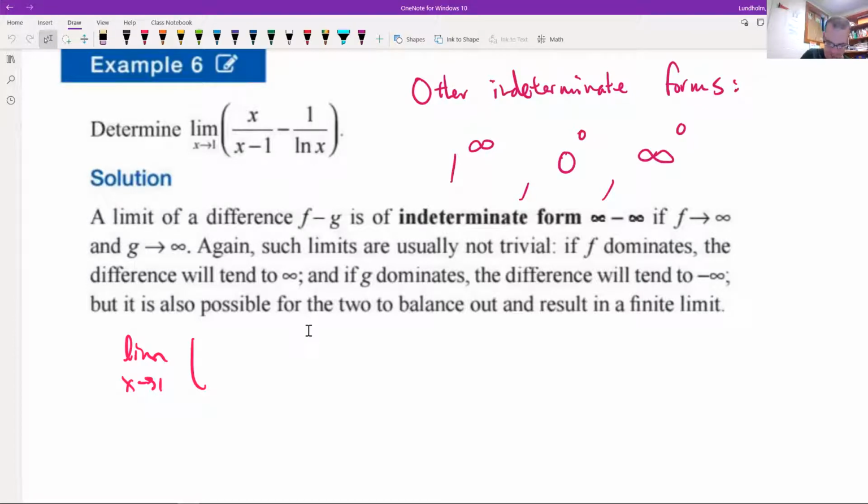And so on the top, we'll have x times the natural log of x minus 1 times x minus 1. And the bottom will be x minus 1 times the natural log of x.